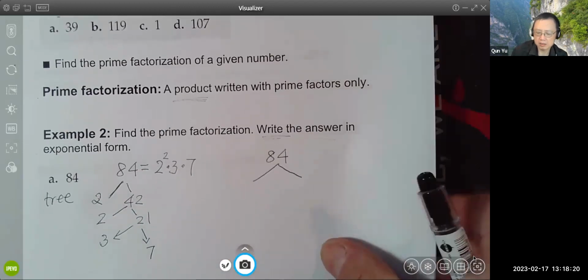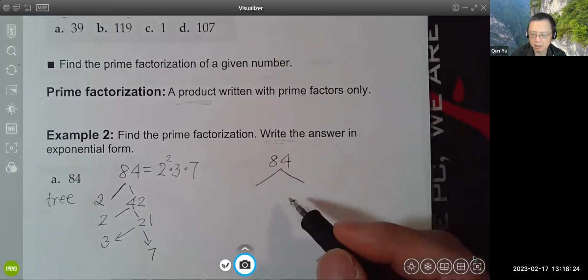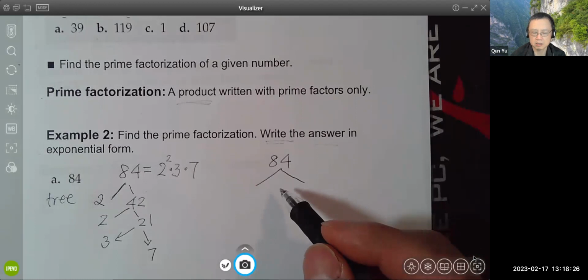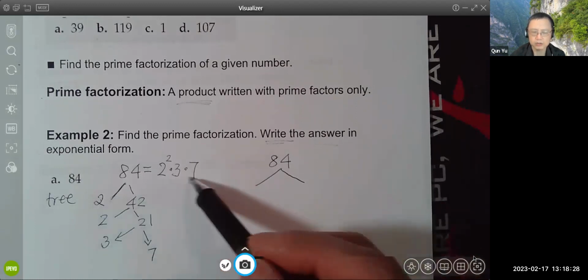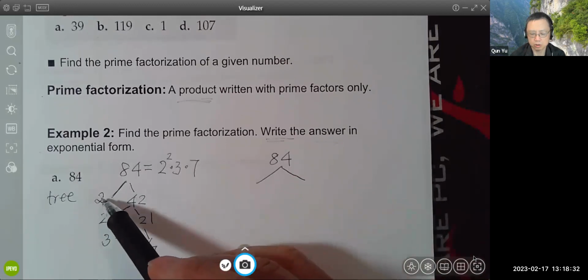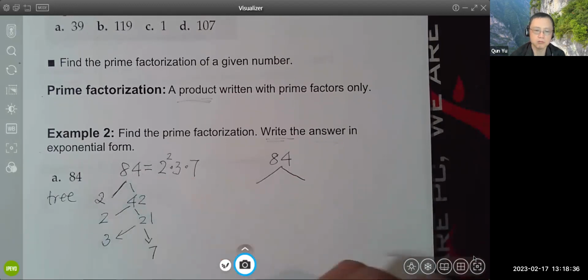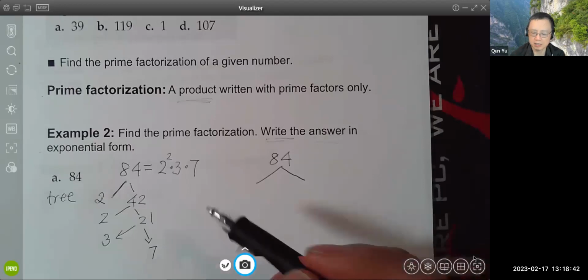So regardless of the process, how you factor it, as long as you do your calculation correctly, you will get the same answer. In other words, you don't have to use the 2 first. You can divide this 84 any way you want, and as long as you do division correctly, you will end up with exactly the same answer.